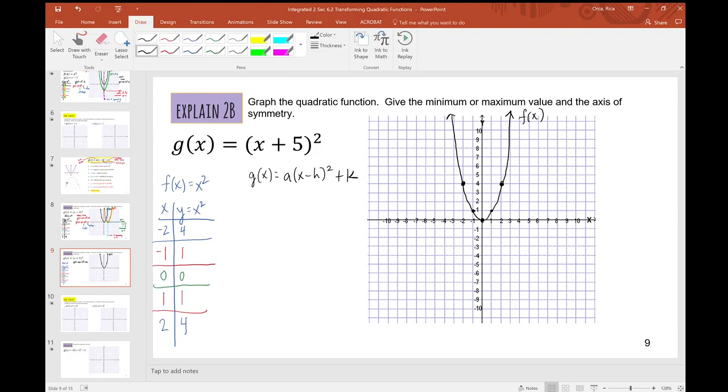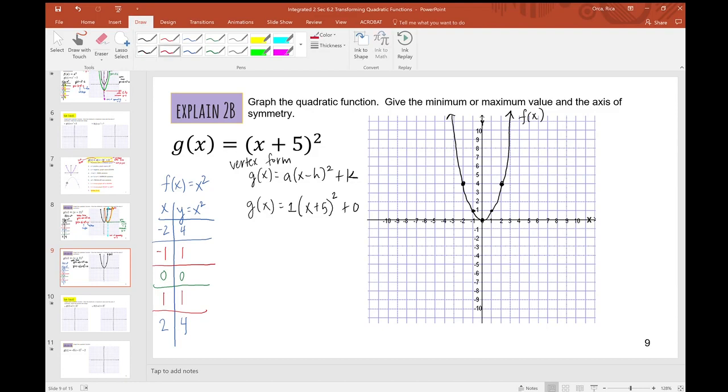Now take our g of x and align it with vertex form. So a is 1, since we have no number in front of our parentheses. X plus 5, I'm just rewriting the problem, x plus 5 squared, and we don't have a k value, so we'll put plus 0.